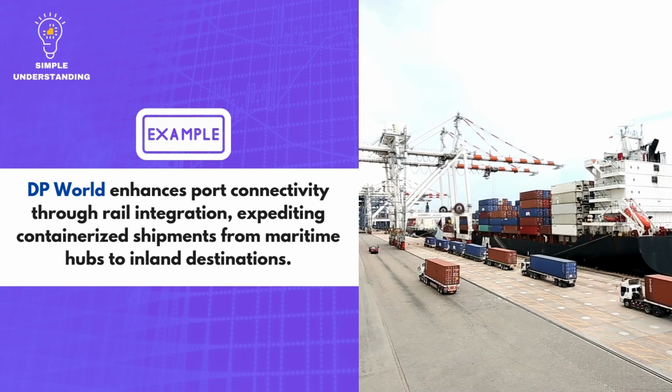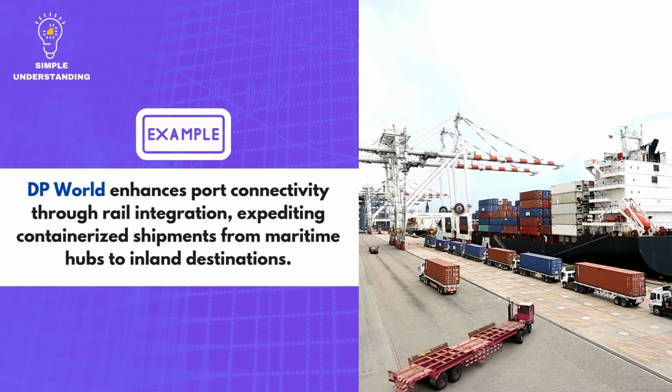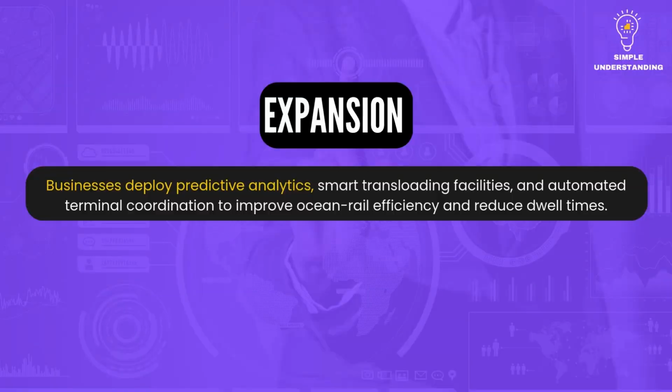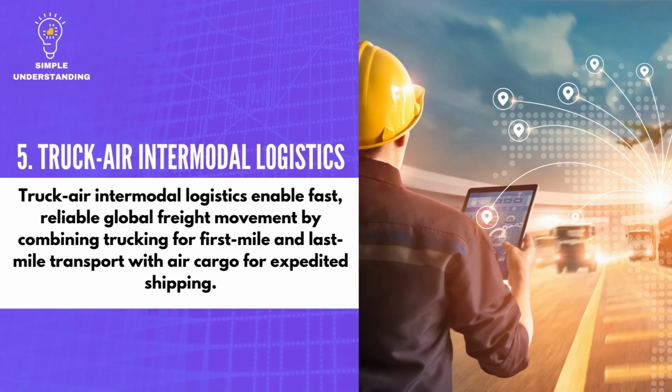DP World enhances port connectivity through rail integration, expediting containerized shipments from maritime hubs to inland destinations. Expansion. Businesses deploy predictive analytics, smart transloading facilities, and automated terminal coordination to improve ocean rail efficiency and reduce dwell times. 5. Truck-air intermodal logistics.